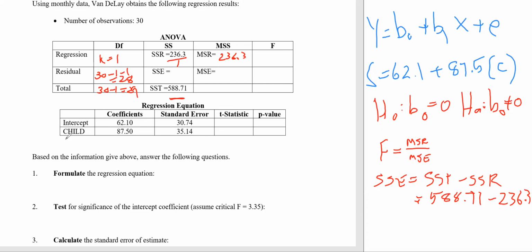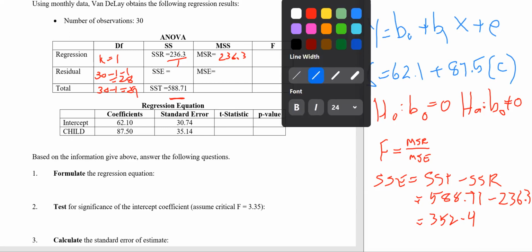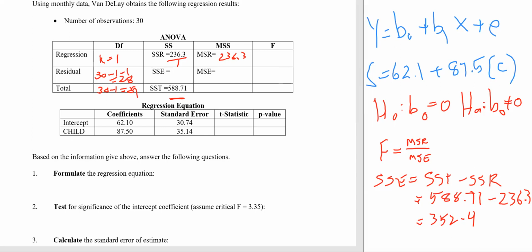If we do this math, we end up with 352.41. Let's clean this up and write that in here as our SSE, 352.41. With this long-winded approach, how do we calculate the MSE?